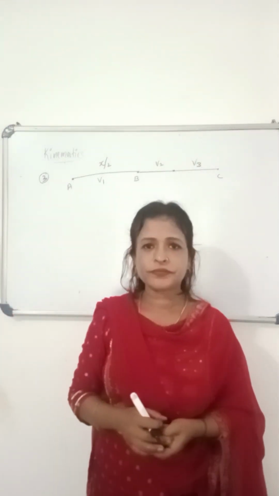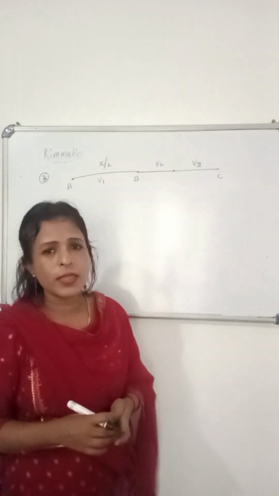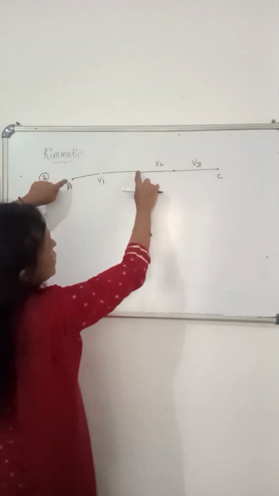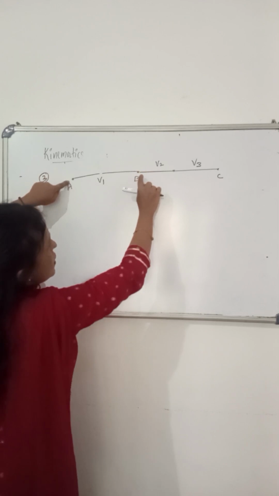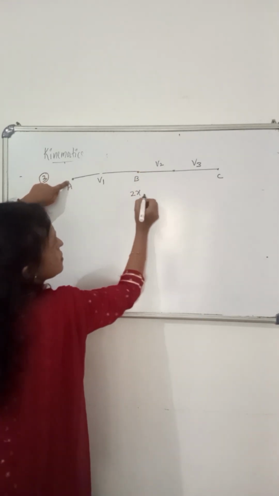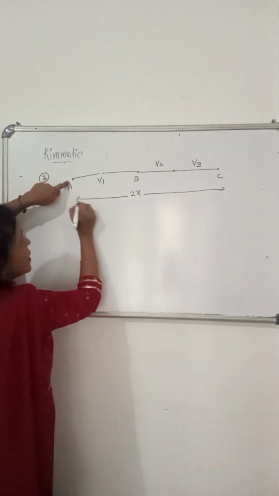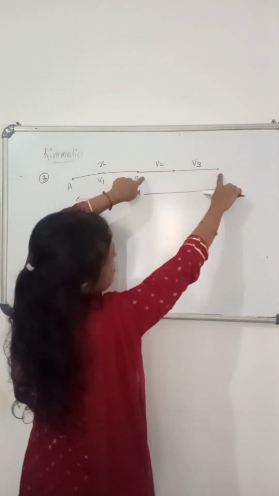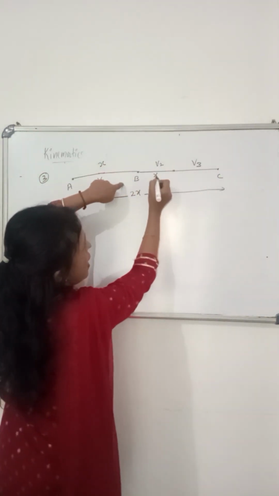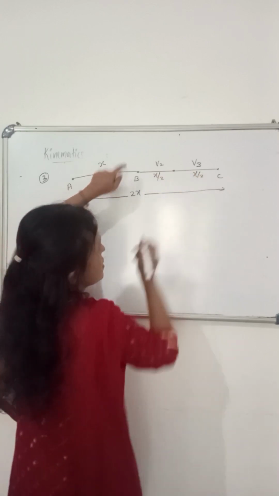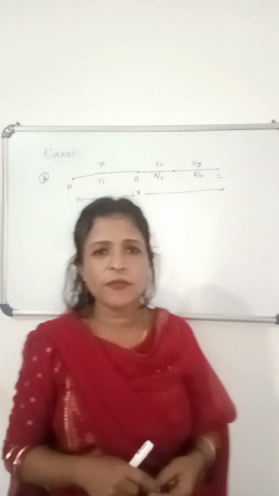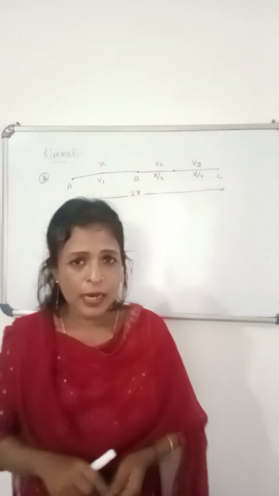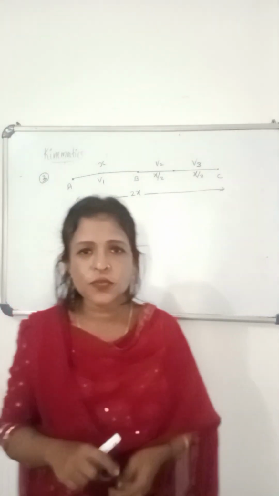That is the question. How can we find this type of question? Initially, suppose the total distance is 2x. Then half of the 2x means x. Here x, then here also x. This is the half distance, and this is also half distance, traveled with different velocities, and we need to find the average speed or average velocity.